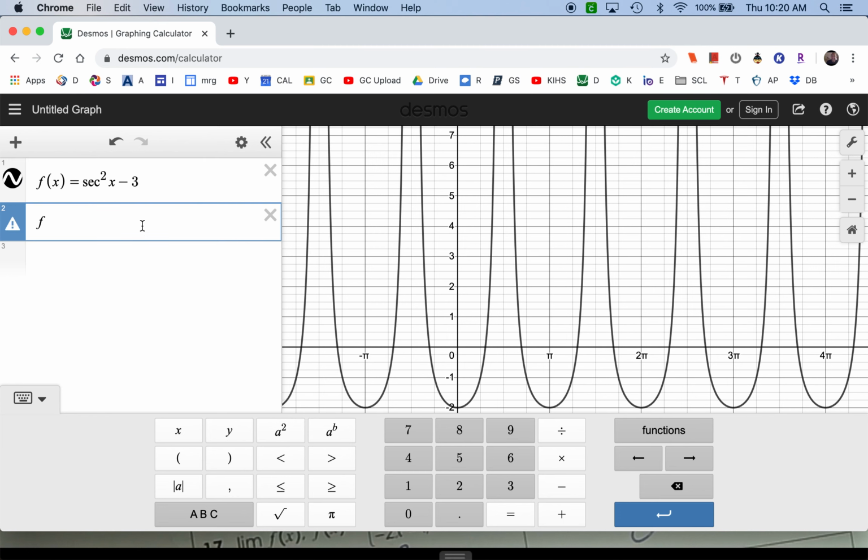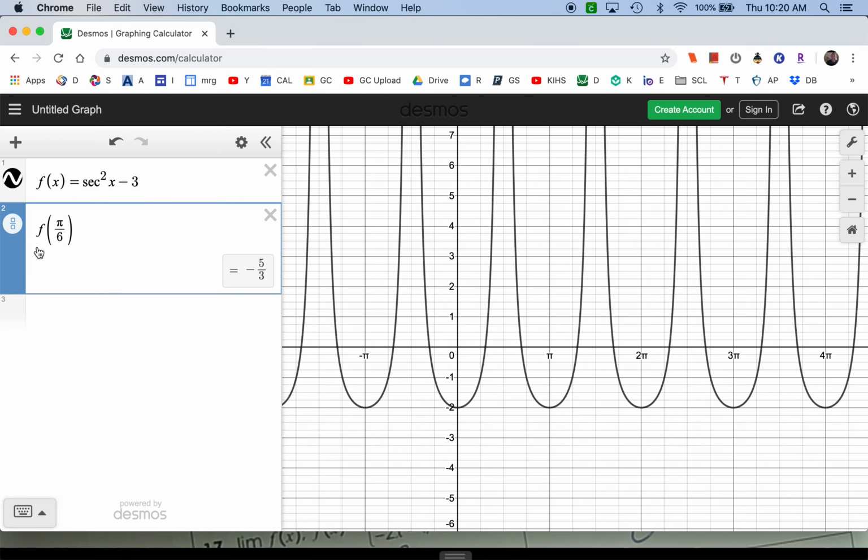So I'm going to do it a different way. So we have pi over 6. And we actually do have a value. That's negative 1.666. If I want that to look like a fraction, that's what it looks like. Isn't that a fun little button there? So it's negative 5/3. And there's your answer.